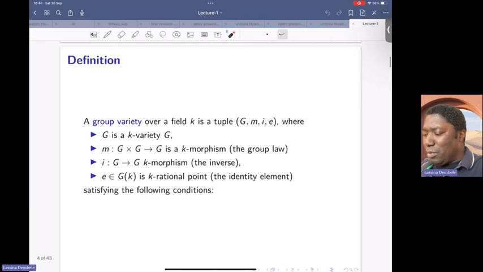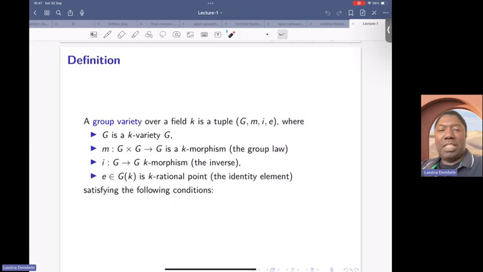Okay, so now to the definition of an algebraic group. So what is an algebraic group in our setting? An algebraic group would be a tuple (G, m, i, e). The first element of this tuple would be a K variety, which we call G. The second element of the tuple would be a map m from G cross G to G, which is a K morphism.